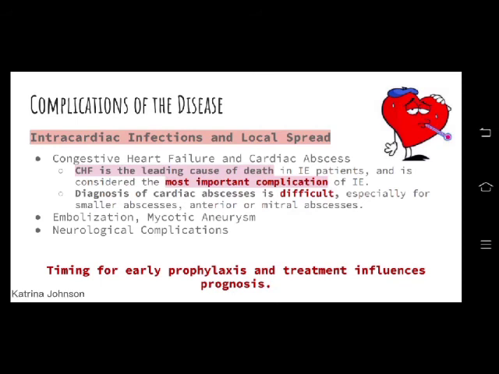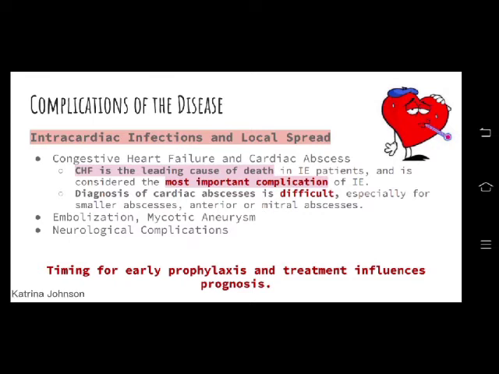Okay, diving a little deeper into the 4 categories of complications. Let's start with intracardiac infections and local spread. If there's something I would like you to remember from this category, it would 100% be congestive heart failure. Among all of the complications I'm going to be discussing, you should really keep congestive heart failure at the top of your list.